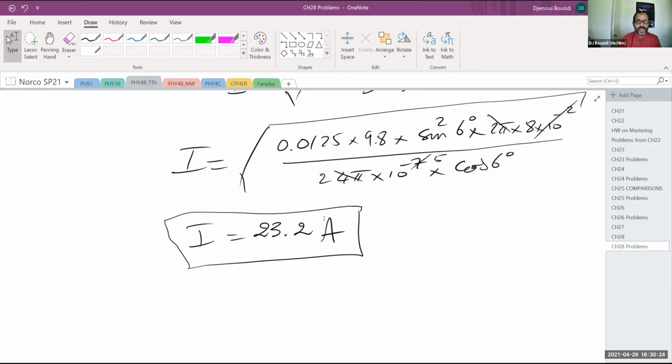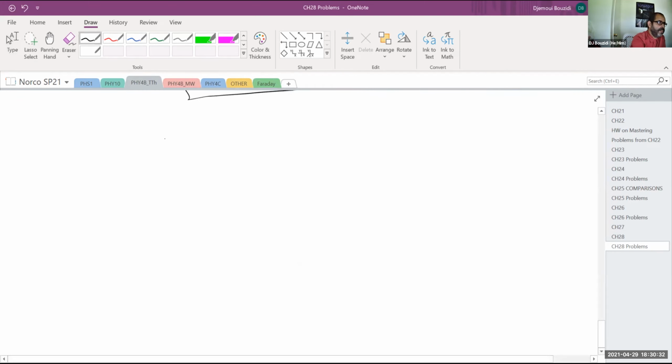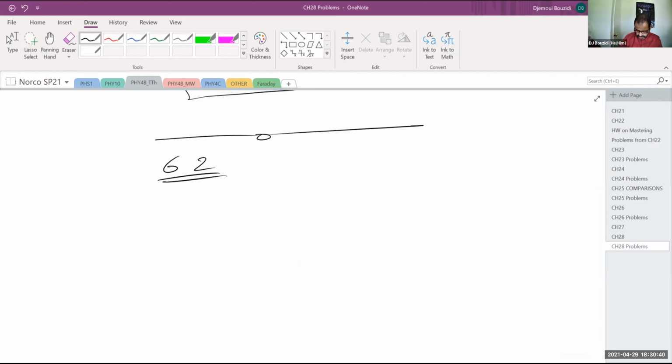So if you guys don't have any questions, we're going to jump into problem 62. I'm going to do problem 62 quickly because I really want to do, and we still have about half an hour, problem 67 thoroughly too, because it's a very important problem. 67 and, as I was saying, 63 are similar, okay?